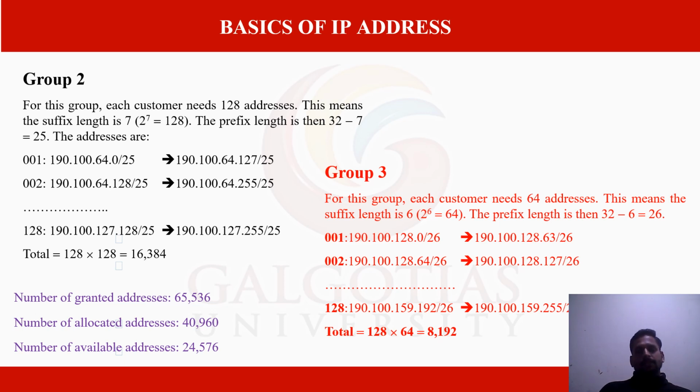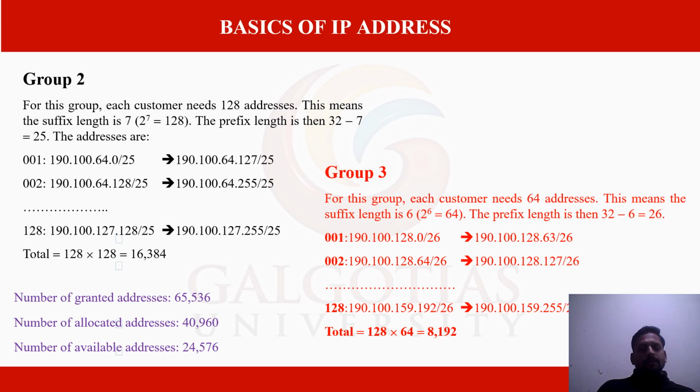So totally you see, group 1, group 2, group 3 altogether give the total number of IP addresses as 40,960, and this is the class B kind of IP addresses. We have this because we are borrowing bits from the last octet, right?